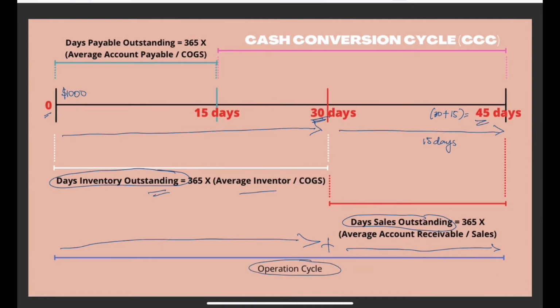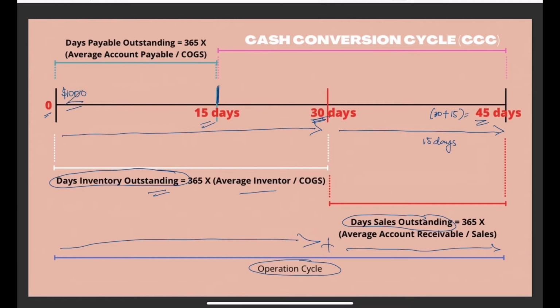So that's what we call the operating cycle. The problem now is you have a very lengthy time. Your money is tied up in the business because we are assuming that you pay your suppliers on day one and only get back your money after 45 days. So basically, your money is tied up in the business for 45 days. Now, what if we ask our suppliers for deferred payment instead of paying upfront, like we pay them after 15 days?